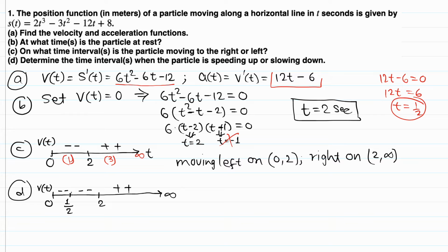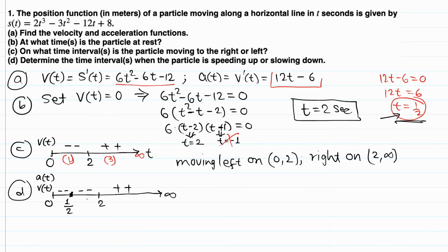But we need to consider one more interval because of acceleration. Now let's check the sign of acceleration, a(t). We know the acceleration is 0 at 1/2. On the right of 1/2 it will have only one type of sign, and on the left of 1/2 it will have one type of sign. Let me take a point bigger than 1/2, maybe 1.